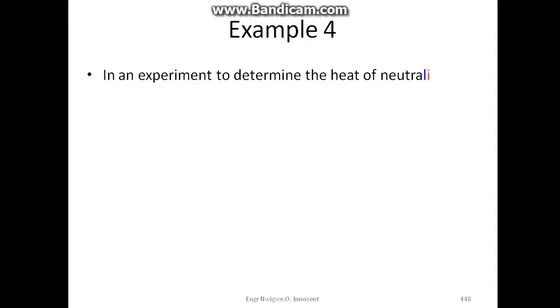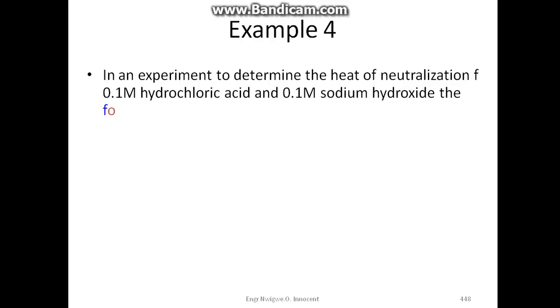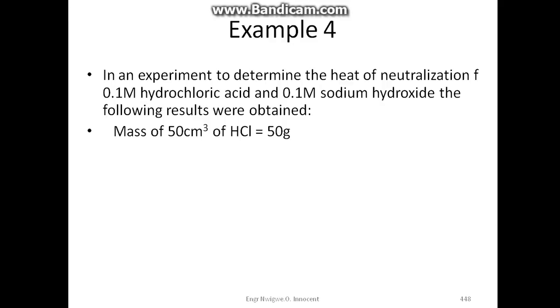Example 4. In an experiment to determine the heat of neutralization of 0.1 molarity of hydrochloric acid and 0.1 molarity of sodium hydroxide, the following results were obtained. Mass of 50 cm³ of hydrogen chloride is equal to 50 gram. Mass of 50 cm³ of sodium hydroxide is 50 gram.